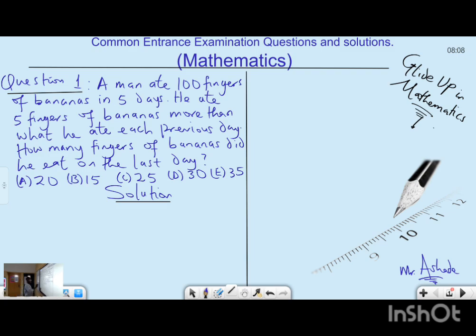So we represent the number of bananas in day 1 as X.